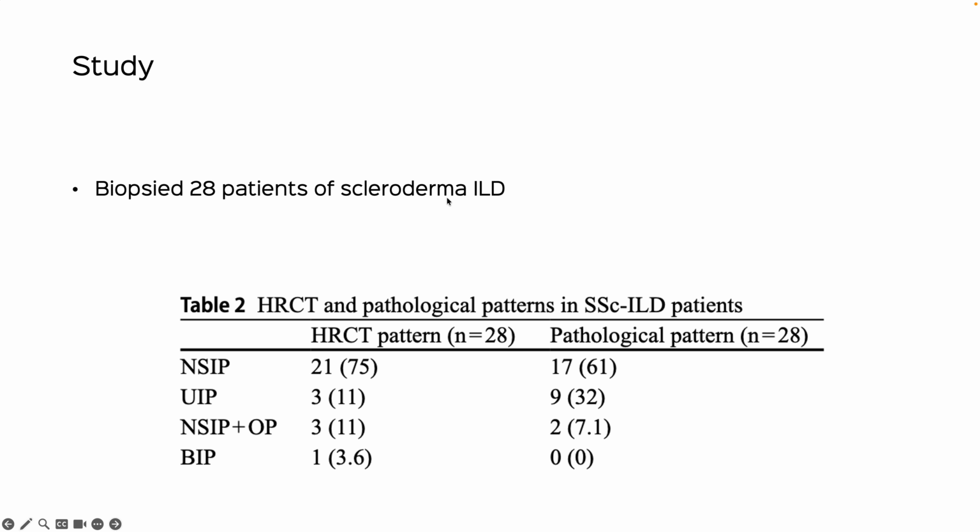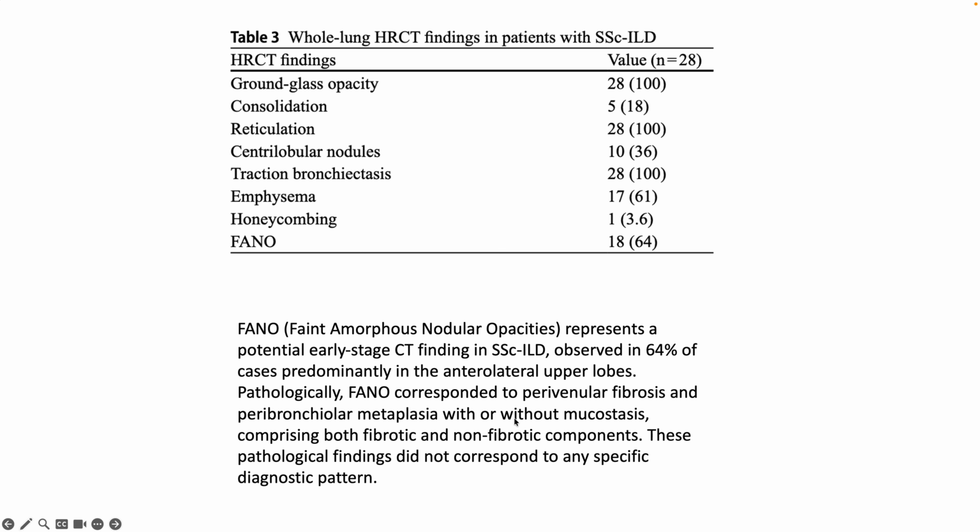So here they've biopsied 28 patients of scleroderma ILD, and they found that of these 28, 21 had the NSIP pattern on CT, which was confirmed on pathology in 17, and then you can see the rest here.